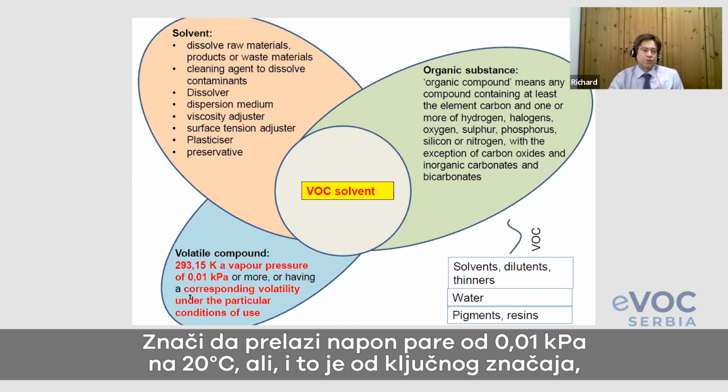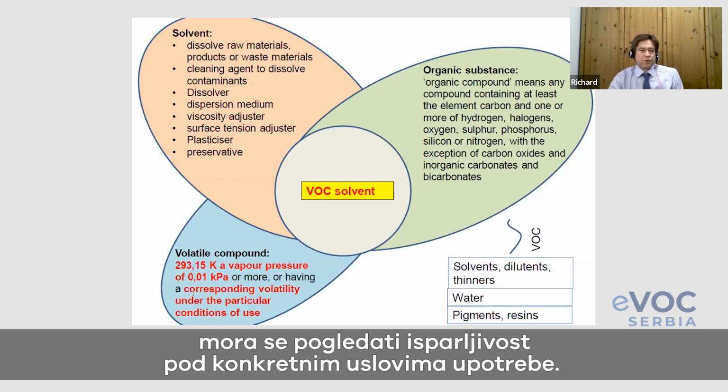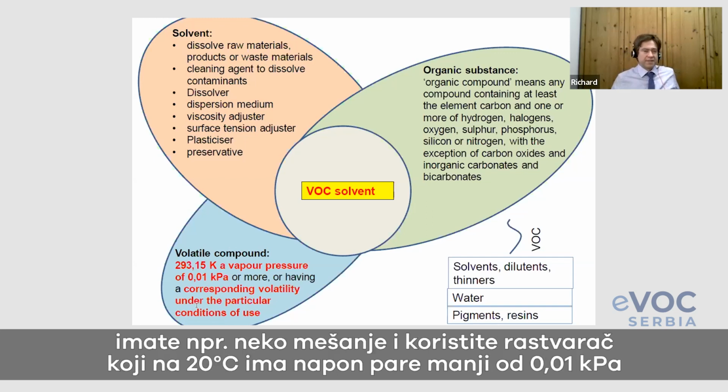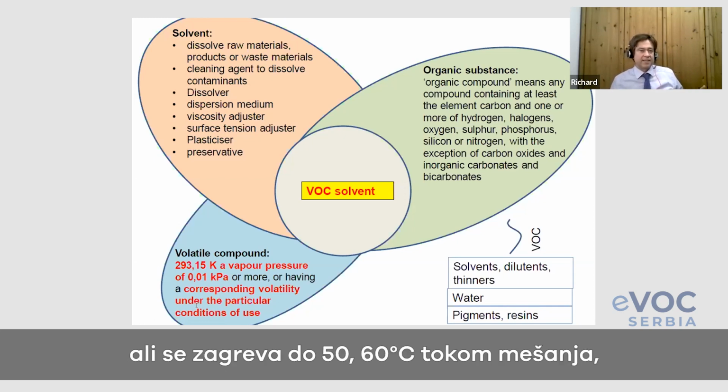But that's a crucial point. Here we have to look at the volatility, that means the vapor pressure, under the particular conditions of use. In other words, if we have some heating, maybe you do the mixing where you were thinking you're using a solvent that has a vapor pressure at 20 degrees Celsius of less than 0.01 kilopascal, but during your mixing it gets hot.